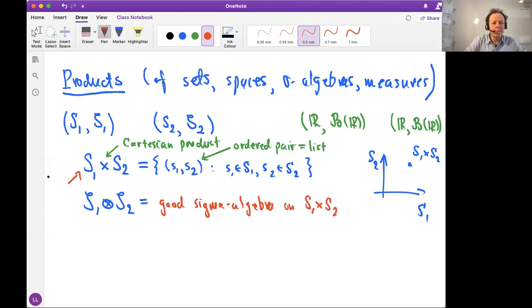By the way, this is often called also a product space. Why space? Why not a product set? You could call it a product set also, but if you say space, at least it sounds more fancy. For a mathematician, if you say space, it means that it's a set with some other structure that makes it interesting to study.